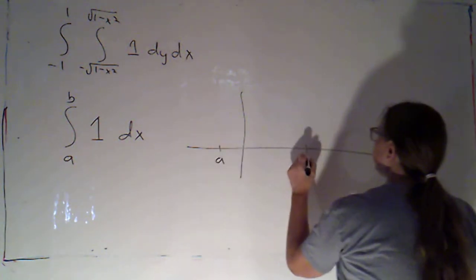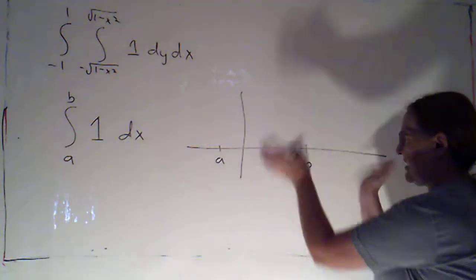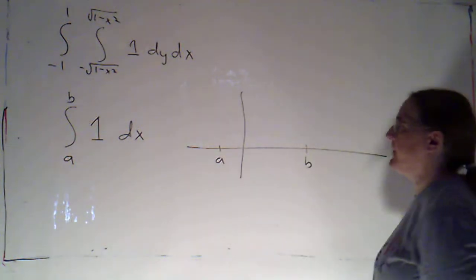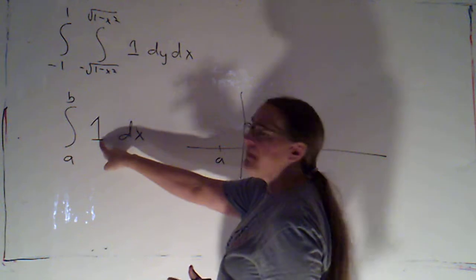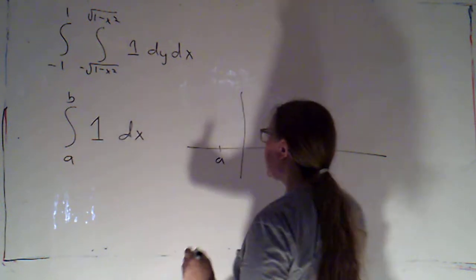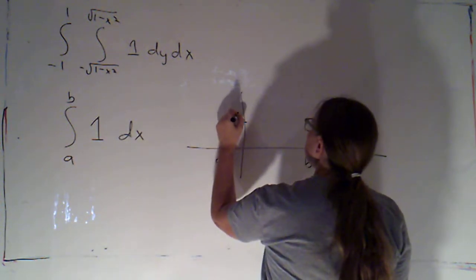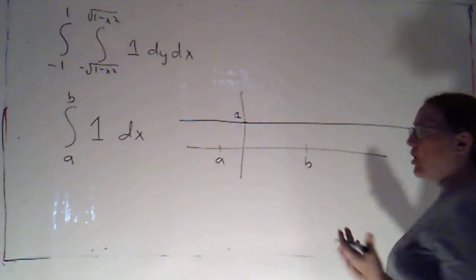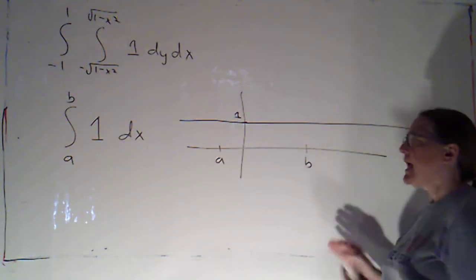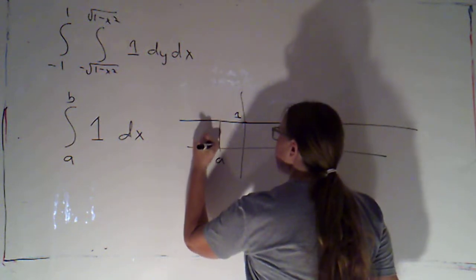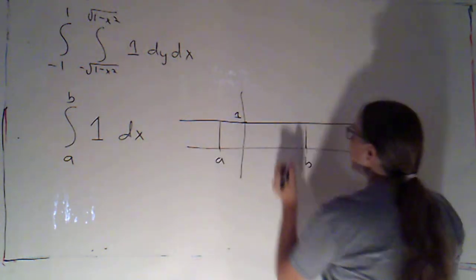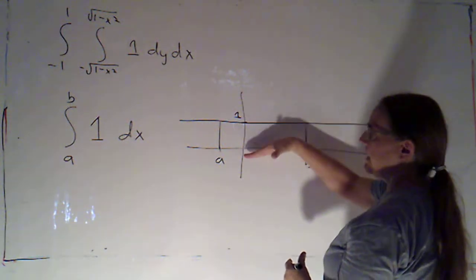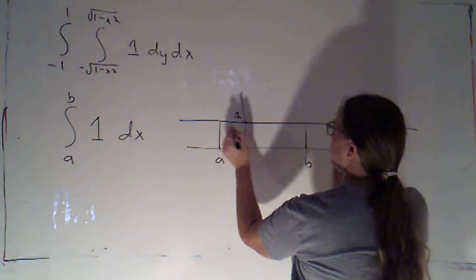I've got the interval from a to b on the x-axis. I've just picked random points to put there. But then the height that I'm integrating is a constant height of 1. So that's determining a horizontal line, and I'm looking for the signed area that lies between that line and the x-axis over this interval.